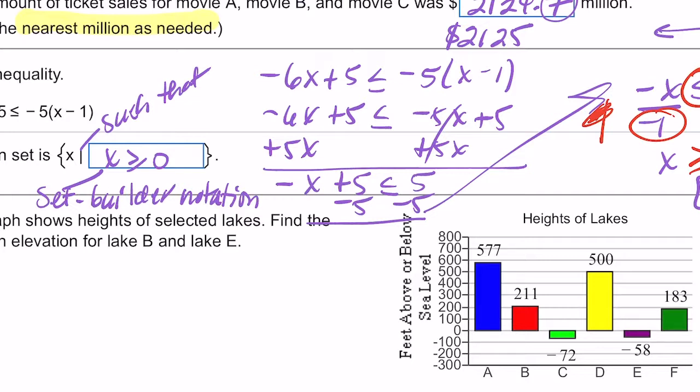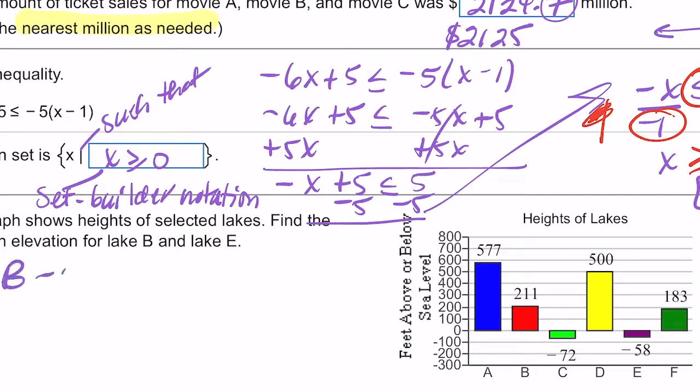Number 35, we have a bar graph, and it shows the heights of lakes. So here we have at sea level 0 feet, and then the positives are the number of feet above sea level, and then we have the number of feet below sea level for the different lakes. We want to find the difference in elevation of Lake B and E. Difference means we want to subtract.